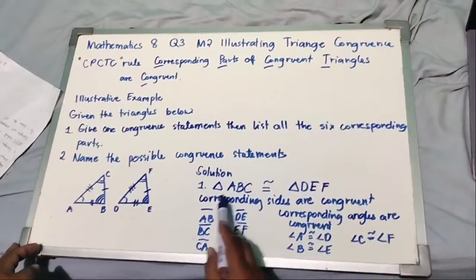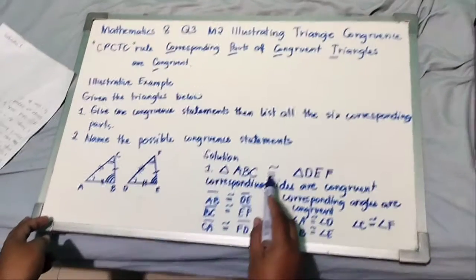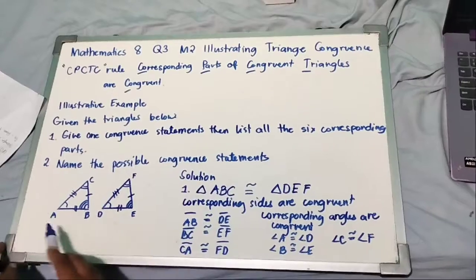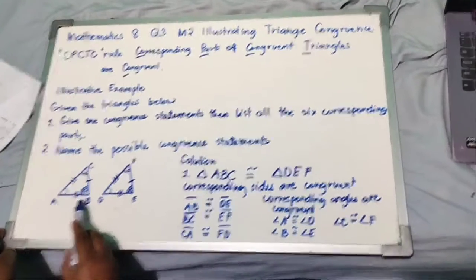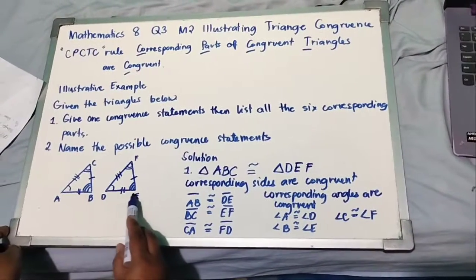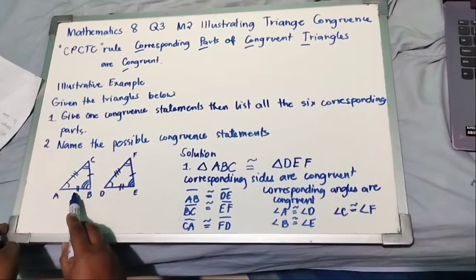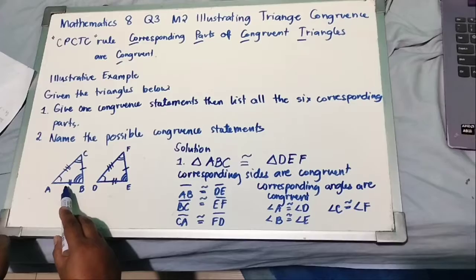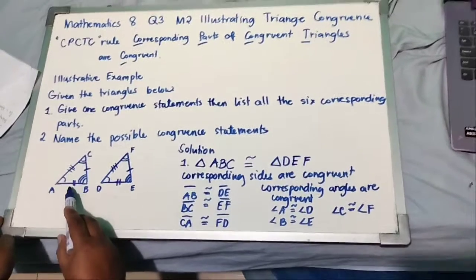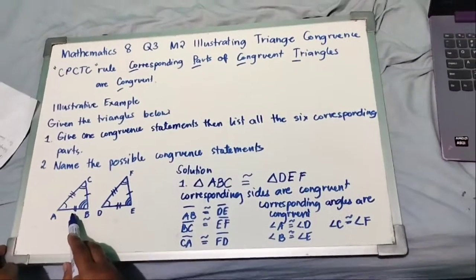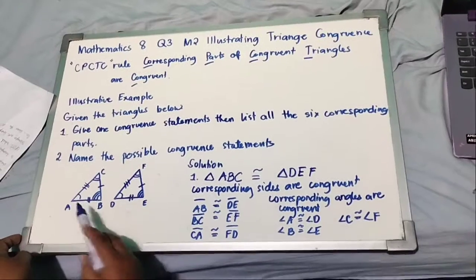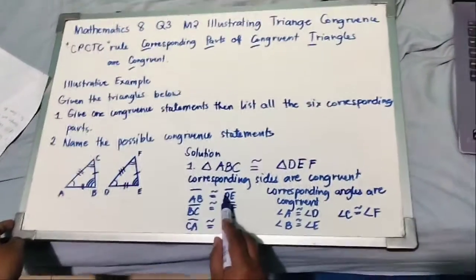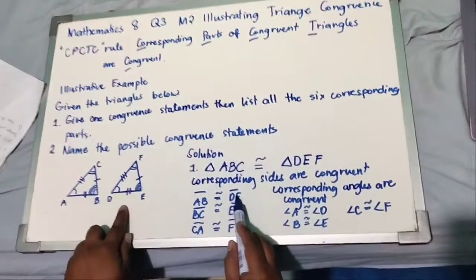Okay, since we have here triangle ABC is congruent to triangle DEF, therefore, side AB is congruent to side DE. As you can see in the figure, there is the sign that they are congruent. Okay, so side AB is congruent to side DE.